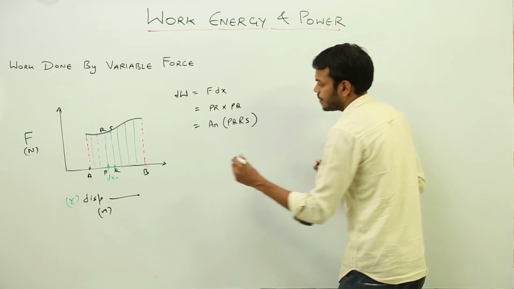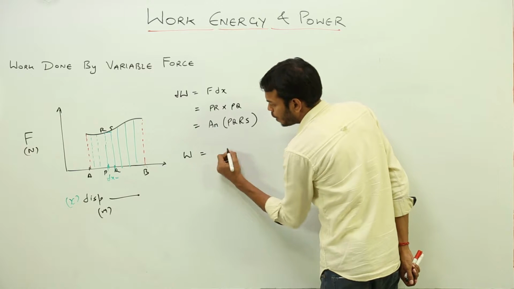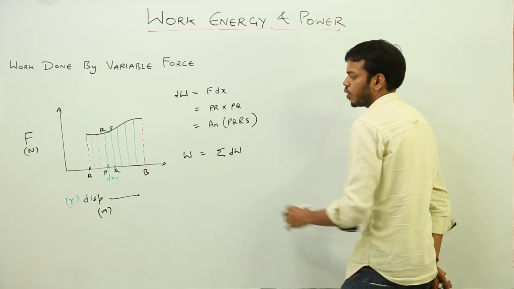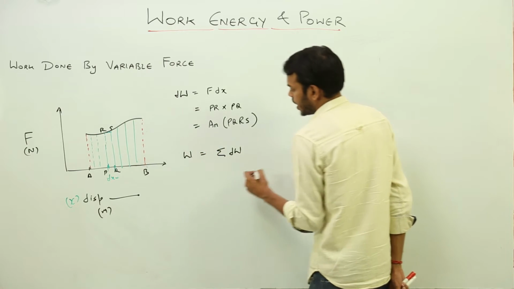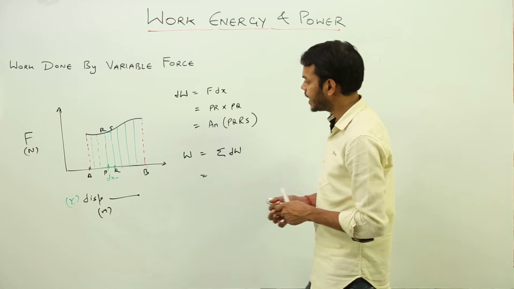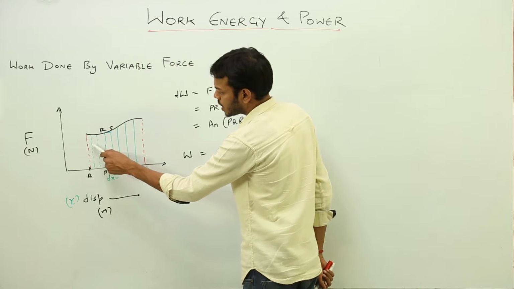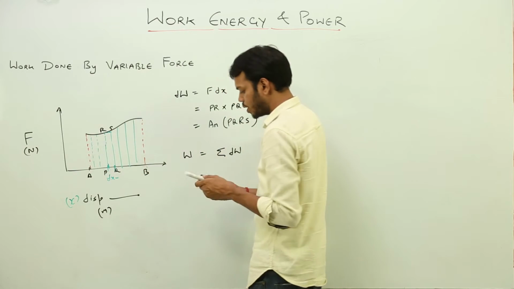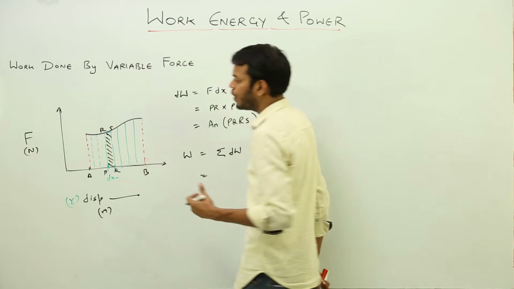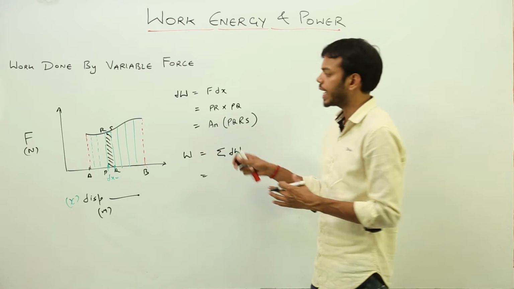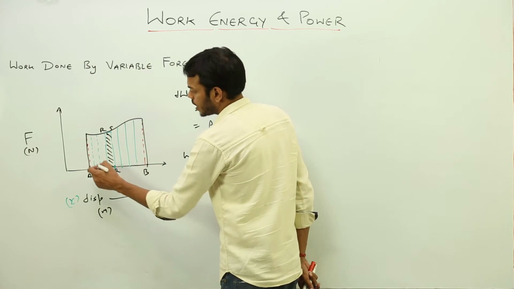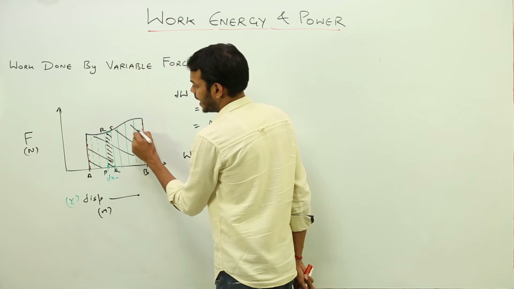That is, total work done will be the summation of all the individual works done for all such small areas. After doing this, I'll get the area of this rectangle plus this plus this plus this, and so on. Now if we have the area of all the rectangles, that will give me the total area under the curve, that is this whole area, right?